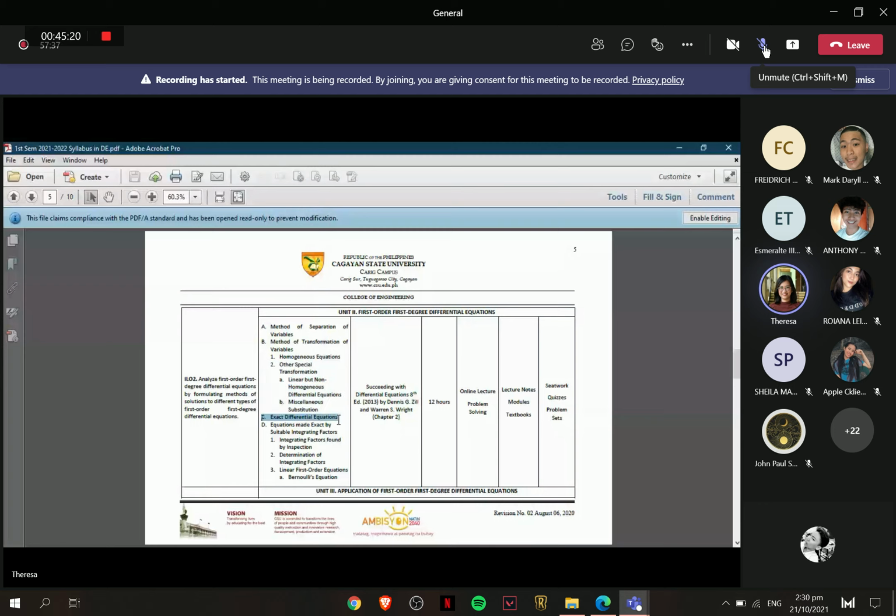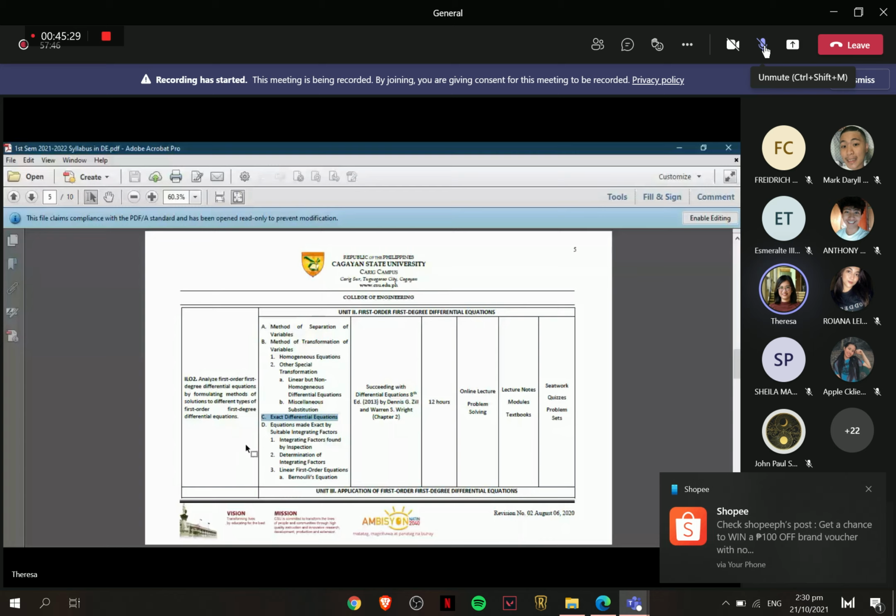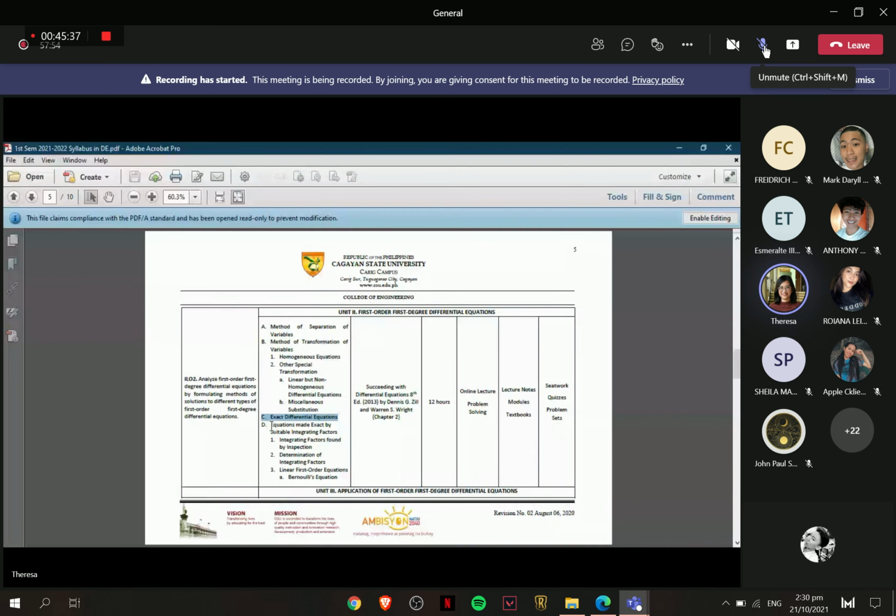Okay? So, next topic, that is sa Tuesday, no? Wala tayong meeting? Tama ba? Ay, hindi. Mali. Tuesday pala dapat talaga ang meeting natin. So, meet po kayo sa Tuesday. Ang pag-uusapan natin ay integrating factors found by inspection at determination of integrating factors. Okay? Lapit na sa katotohanan.